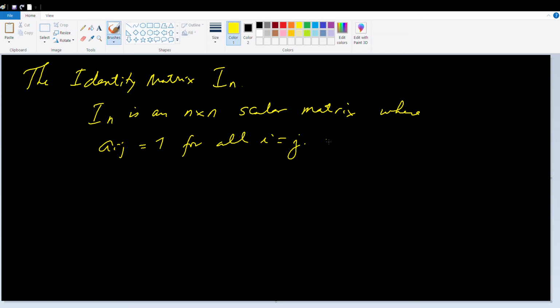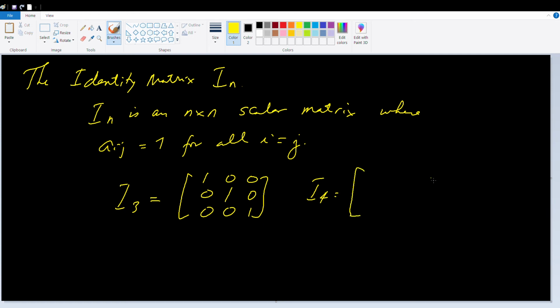So for example, I sub 3 will be a 3 by 3 matrix where the elements are all zeros except for those along the main diagonal, which are all equal to 1. The identity matrix of order 4 will be a 4 by 4 matrix.